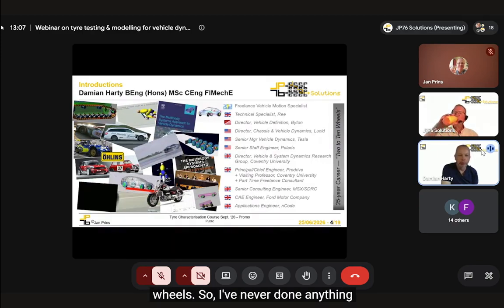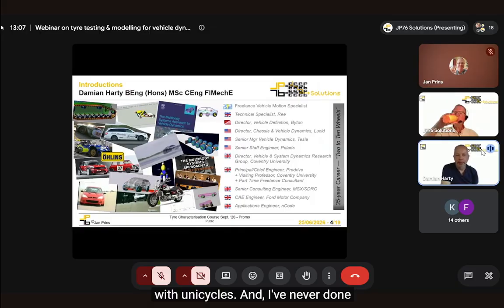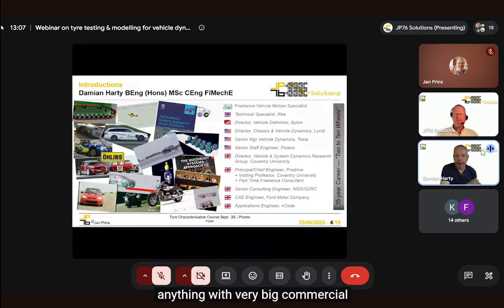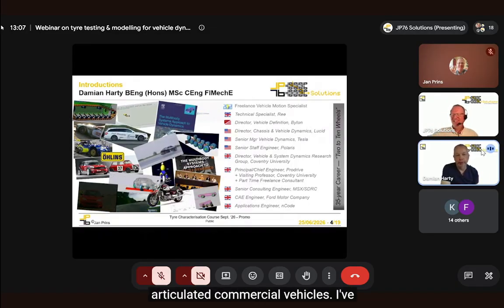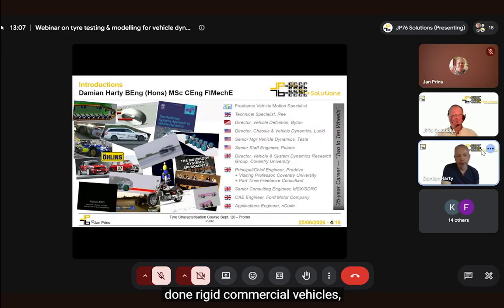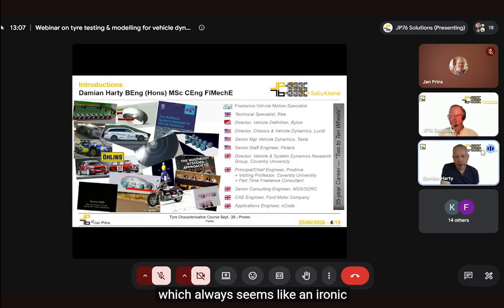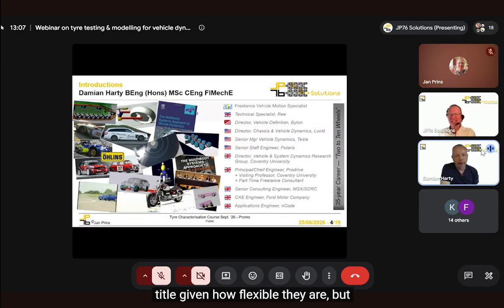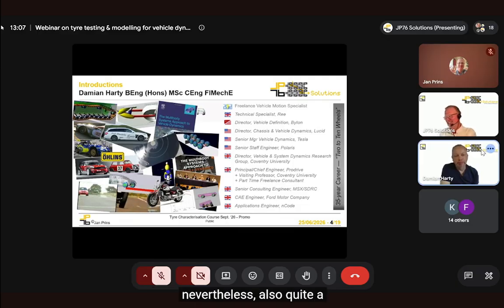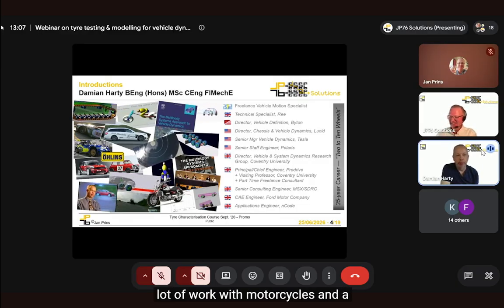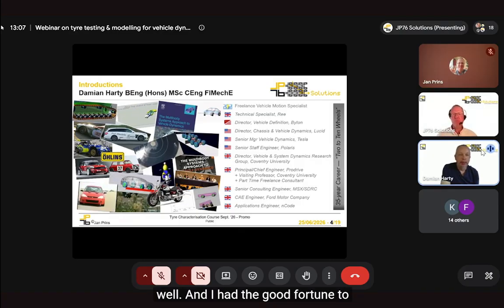So I've never done anything with unicycles, and I've never done anything with very big articulated commercial vehicles. I've done rigid commercial vehicles, which always seems like an ironic title given how flexible they are, but nevertheless. But also quite a lot of work with motorcycles and a little bit with tracked vehicles as well.